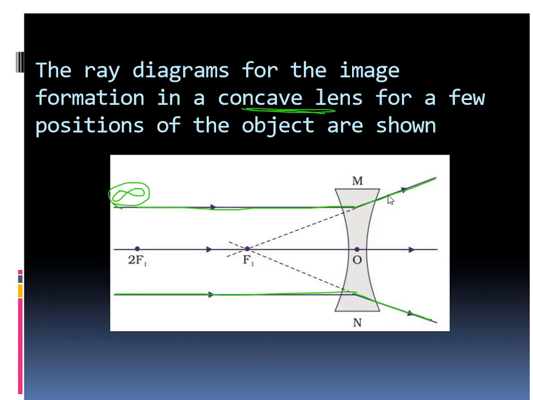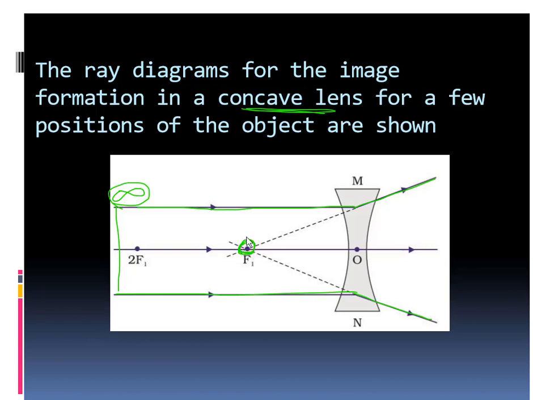So because these rays of light are diverging from each other, they will not meet really. So we assume and we pull these rays in this direction. So these dotted rays are the assumptions. So here this is the point, that is first focus, where the rays of light are virtually meeting. So here, you can consider this is the size of the object, this is the size of the image.